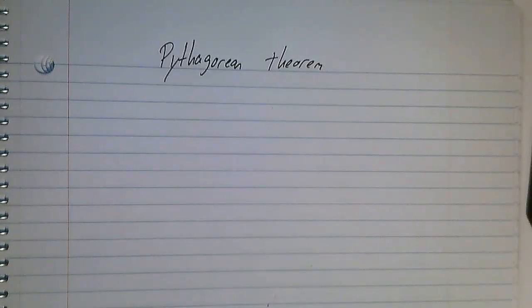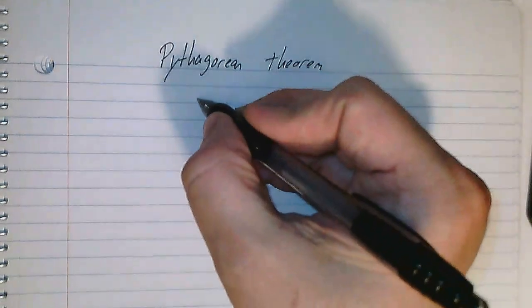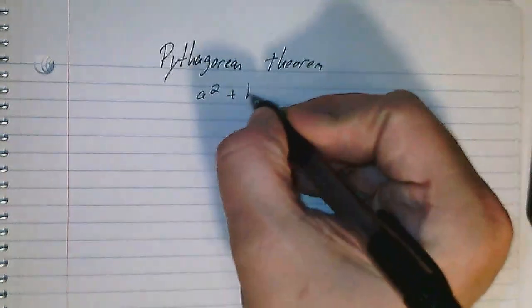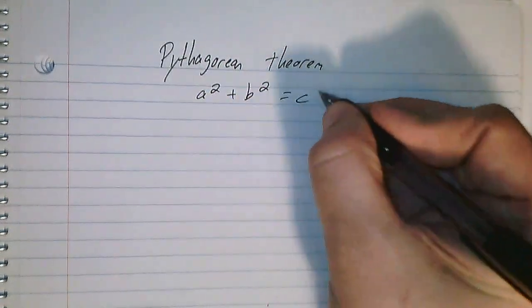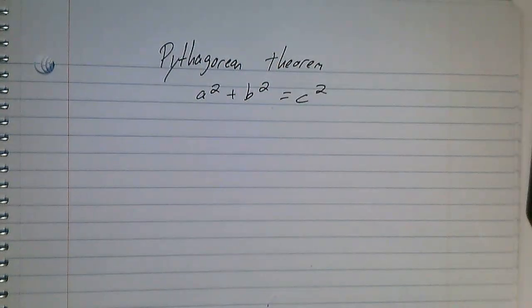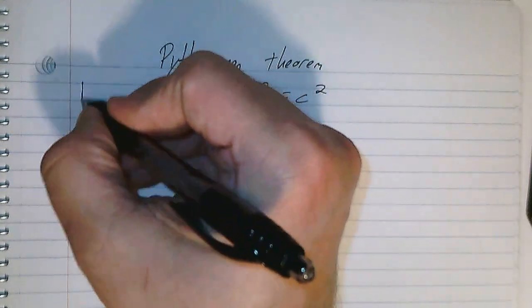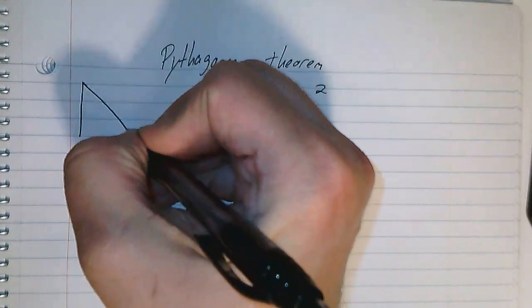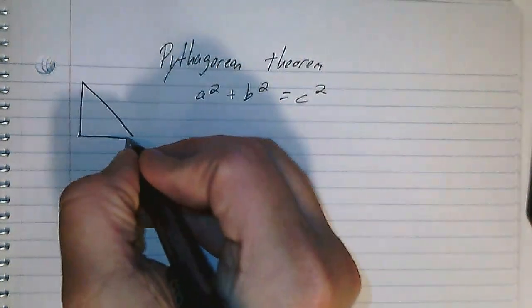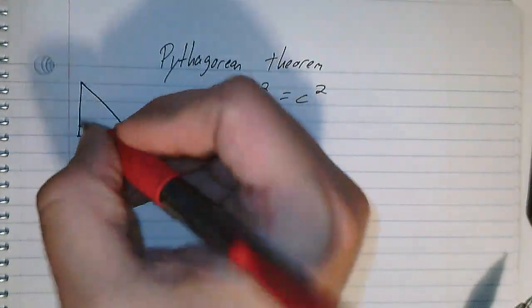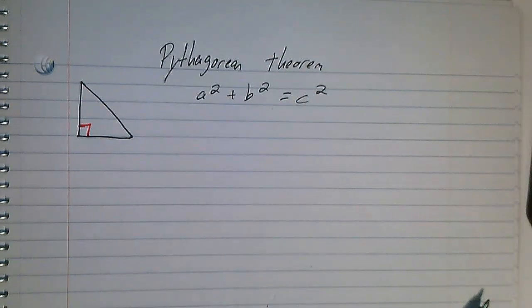It's one that most people remember. A squared plus b squared equals c squared. So in a right triangle, we'll know that it's a right triangle because of our 90-degree angle.